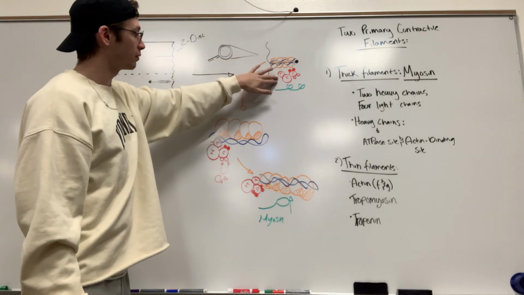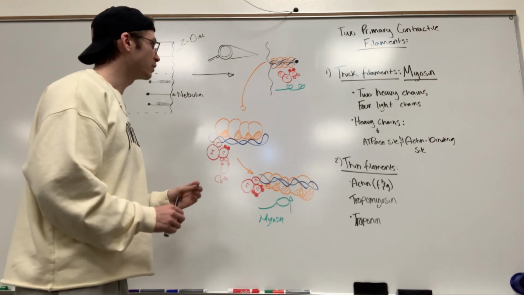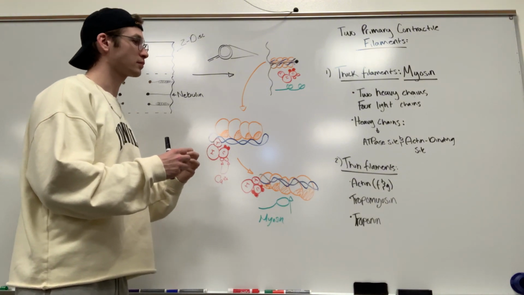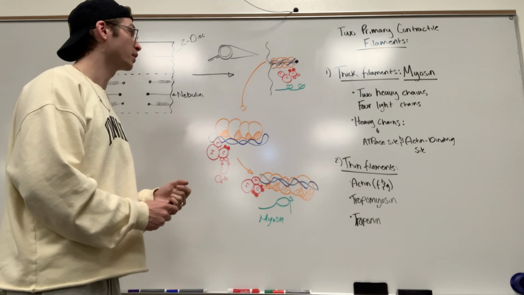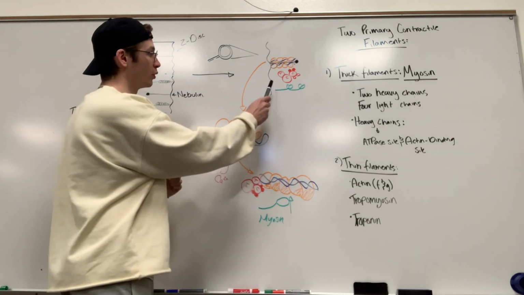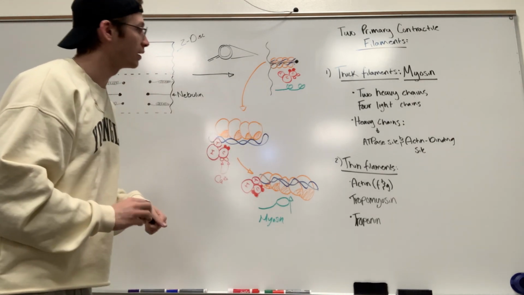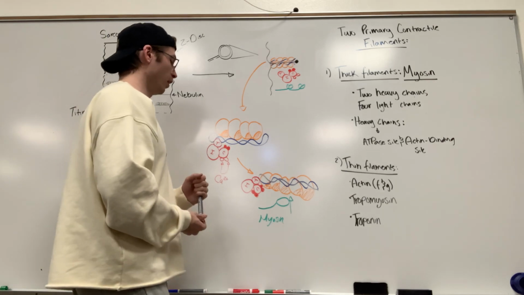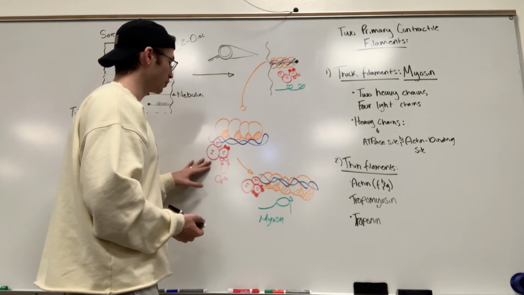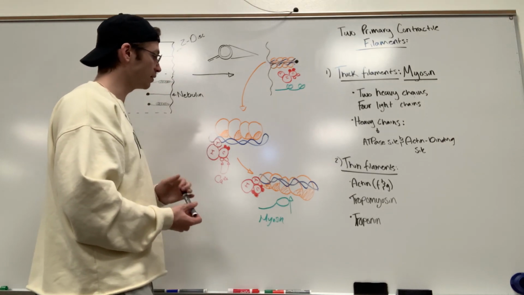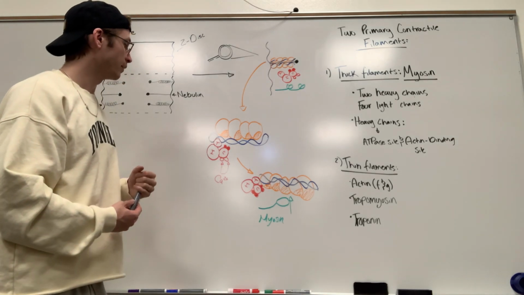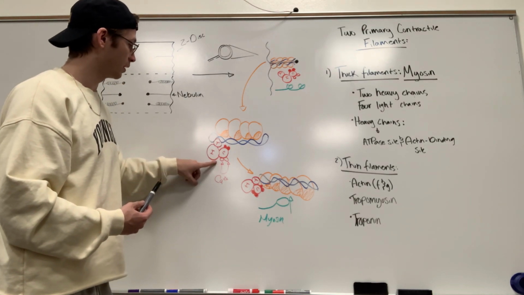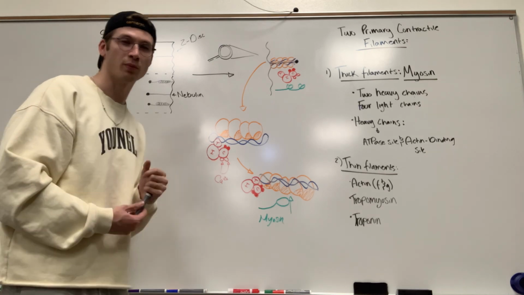We have troponin. Troponin has three structures involved in its overall being that we call troponin T, troponin I, and troponin C. These three get their names because troponin T attaches to our tropomyosin, and our troponin C is where calcium will bind.